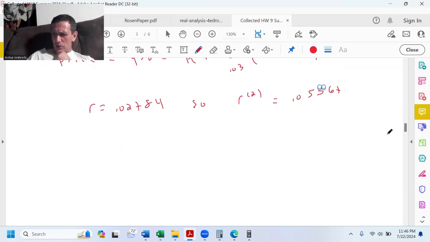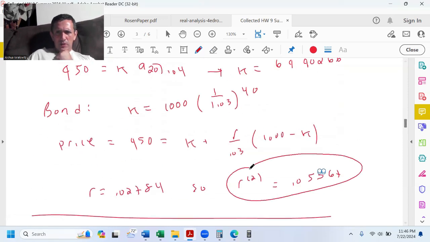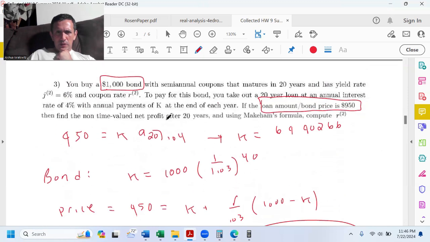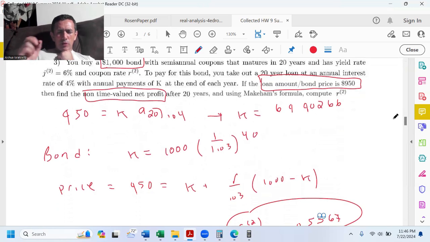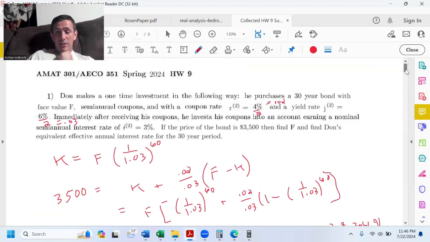All right, so let's finish the problem up. That's part of the problem. The rest of it is to find the non-time valued net profit. When I say non-time valued, you don't take the accumulated value of your coupons because I'm telling you it's non-time valued. In problem one, I'm telling you you're investing your coupons.